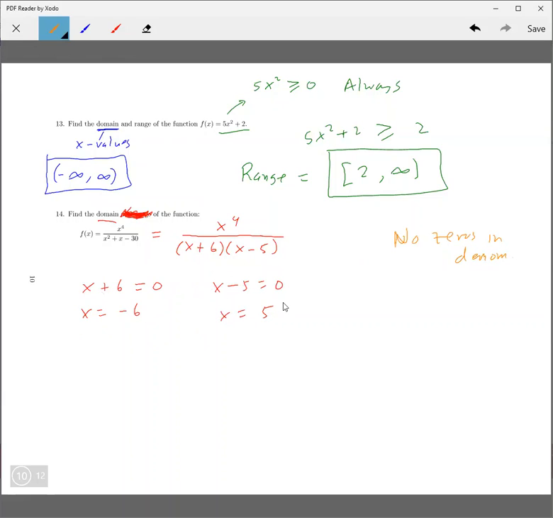The other thing is you have to be greater than or equal to 0 inside the square root sign. Those are the two things: no zeros in the denominator, and greater than or equal to 0 inside the square root.